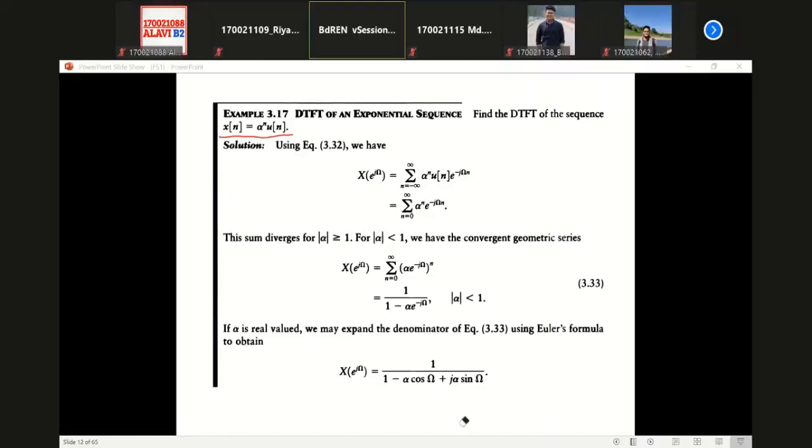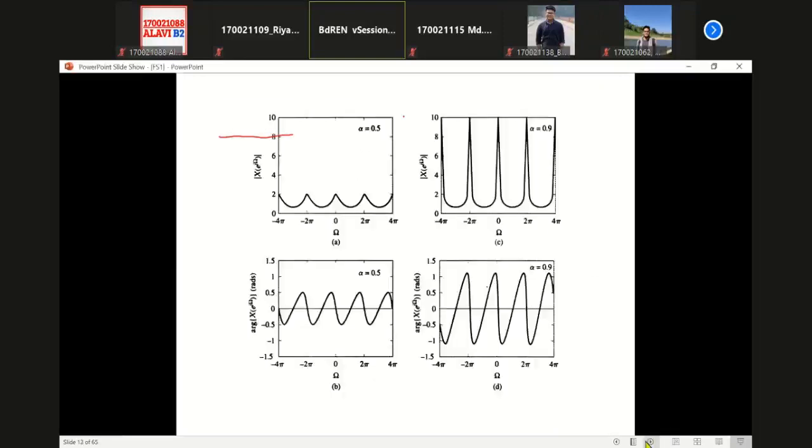So we can have a plot that illustrates the variation of the magnitude of X(e to the power j omega) with respect to omega, which we call the magnitude spectrum. And if we plot the angle of X(e to the power j omega) with respect to omega, we call it the phase spectrum. Both phase and magnitude are needed to reconstruct our signal. This figure illustrates the magnitude and phase spectrum for different values of alpha.